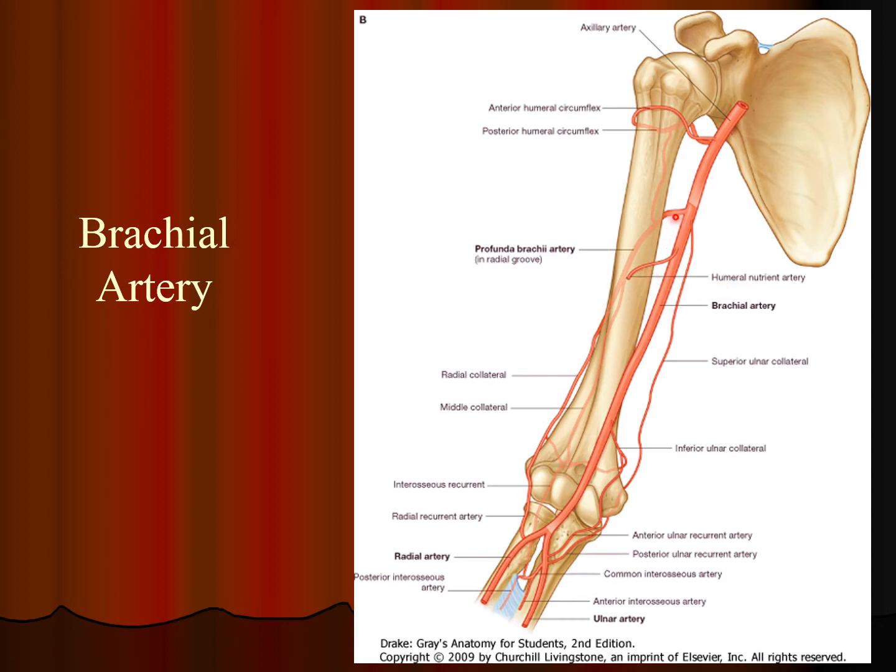It gives a major branch known as profunda brachii artery or deep branch of the arm, which runs in the radial groove and passes to the posterior compartment of arm to supply it. And then we can see it gives a branch which is running parallel with the parent artery, superior ulnar collateral, and at the lower level inferior ulnar collateral. These are the branches of brachial artery.